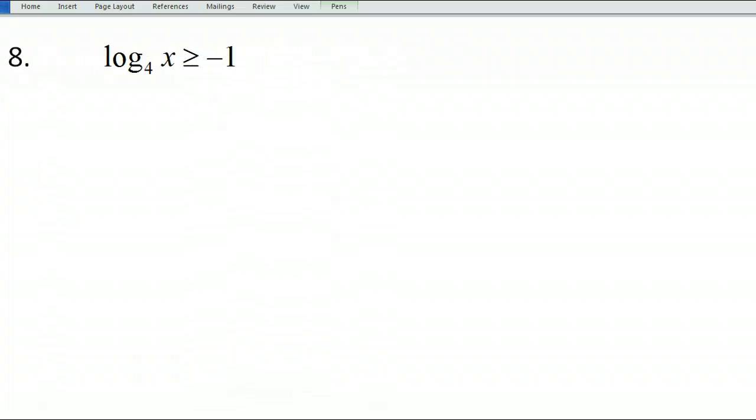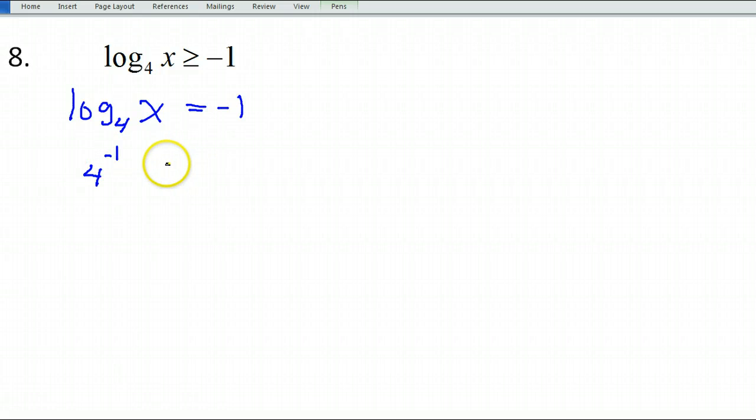Here comes number 8. Same thing. Let's start off with the related equation. Log base 4 of x is equal to -1. If I rewrote this in exponent form, I would have 4 to the -1 power is equal to x.